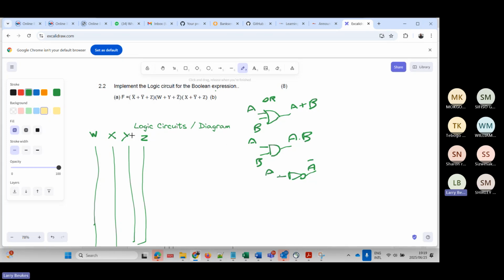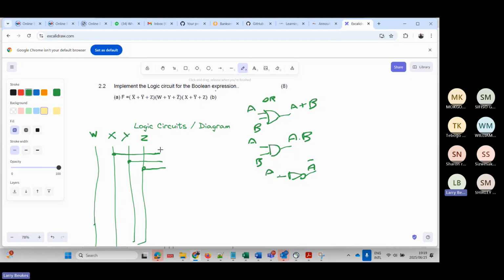So let's take our X, conduct it here. Then we go to Y, conduct it here. And then we go to Z, conduct it here. Before we take them into our OR gate, this must be low, this must be low.